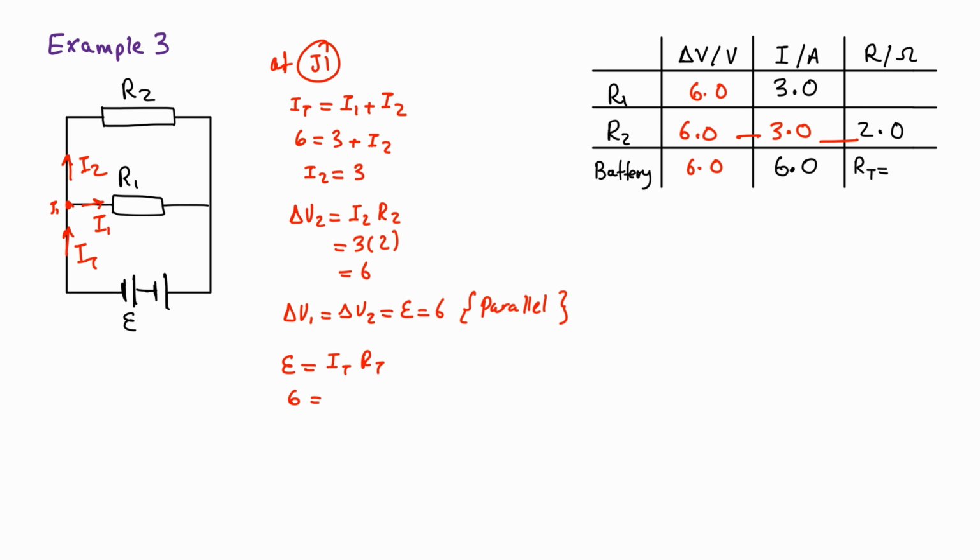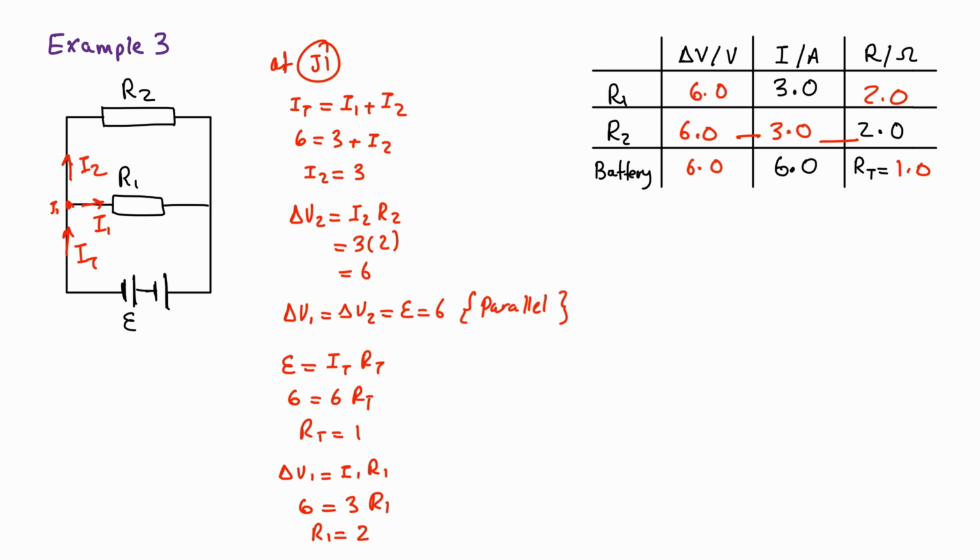So 6 is equal to 6 RT. RT is equal to 1. And finally, delta V1 is equal to I1 R1, which is 6 is equal to 3 times R1. Divide both sides by 3 to get 2.